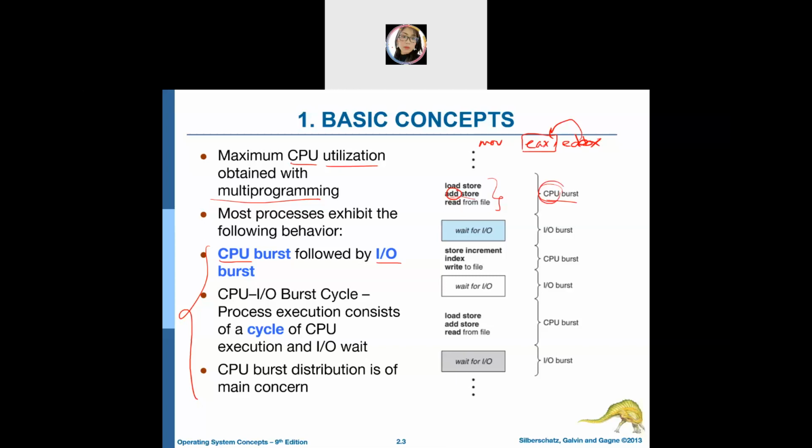An example for an input output burst is something in your program where you ask your user to key in a value using the keypad. Maybe you're waiting for some integer invoked or triggered by your user in your program. That's why you have something called wait for input output. Input output, you know already, right?